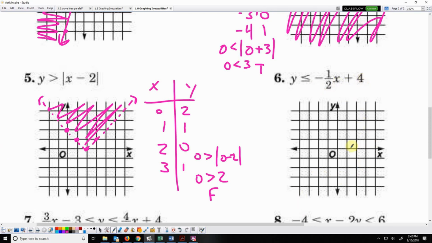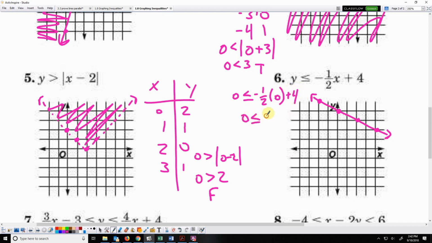Here's another line. The y-intercept is 4. The slope is -1/2, so that's down 1 and right 2, and we can go up 1 and left 2. It's underlined, which means or equal to, so it will be solid. So everything on this line will satisfy the inequality. And 0 is less than or equal to -1/2 times 0 plus 4.